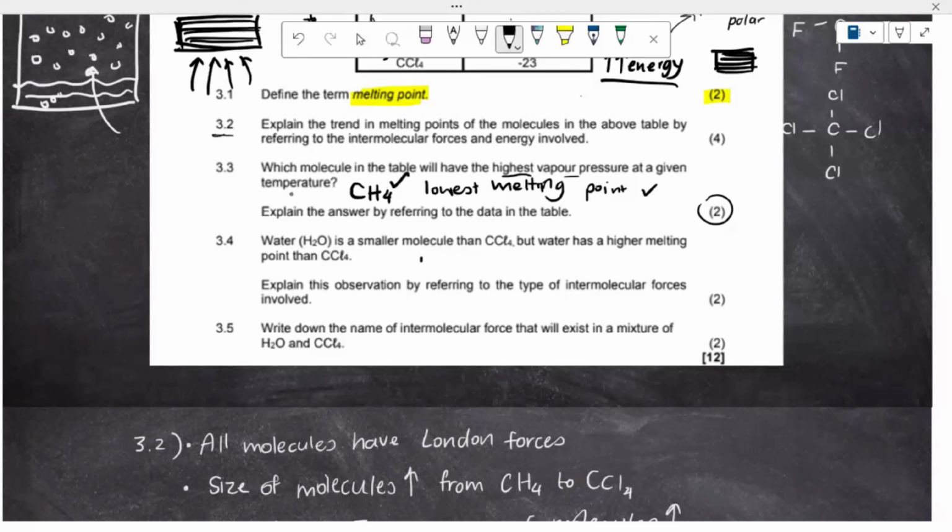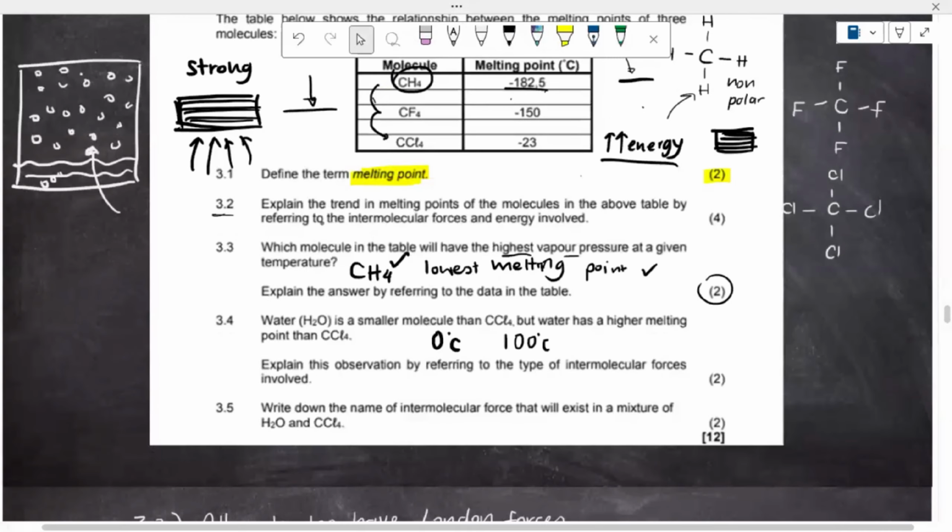Because if you think about it, water's melting point is actually 0 degrees, right? And its boiling point is 100 degrees, right? So why, where our CCl4 is at -23, is our water at a much higher temperature, even though water is a much smaller molecule compared to our CCl4? Someone tell me in the chat by referring to intermolecular forces.